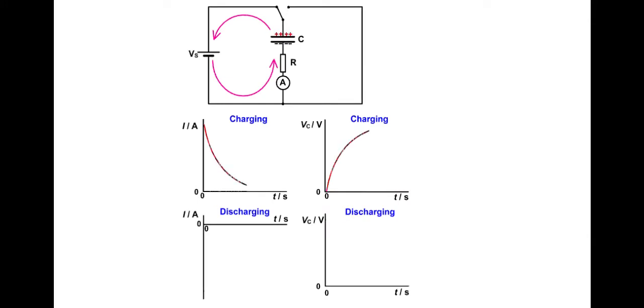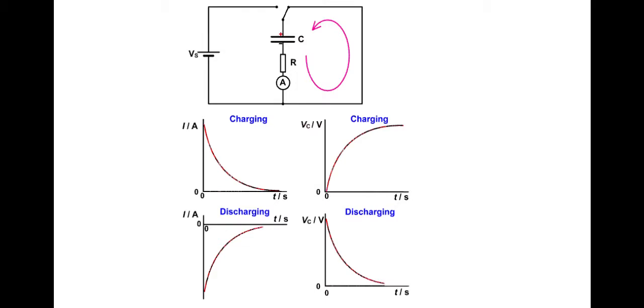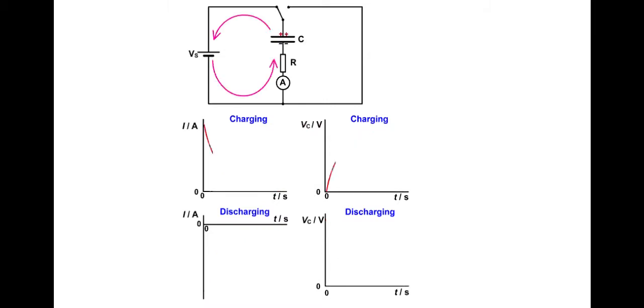As you can see here, as the capacitor charges, the current drops from a high value to 0, while the potential difference, the voltage, increases from 0 up to the supply voltage. When the capacitor discharges, the current drops from a high negative value to 0, and the voltage drops from the supply voltage back down to 0.